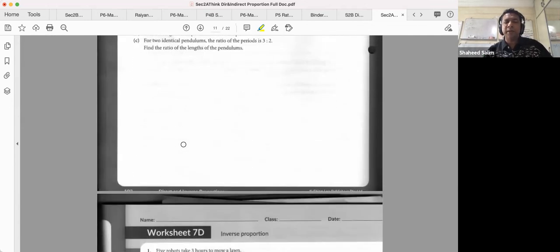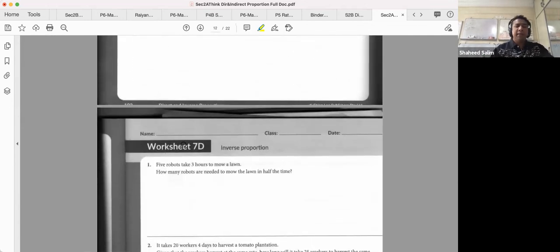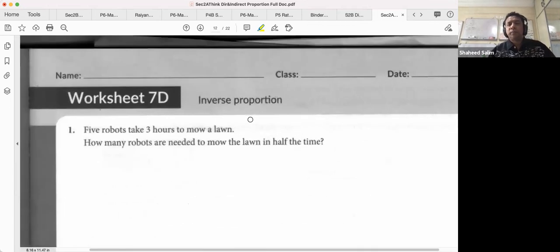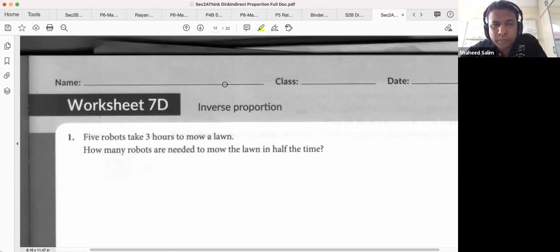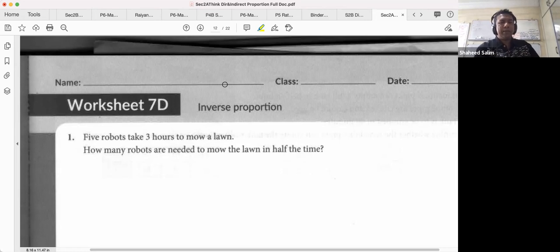Unit 7, 7D. Okay. So what's the difference? We will do that. Okay, you try 7D first. You try to see whether you can do it. Can you try first and see? 7D.